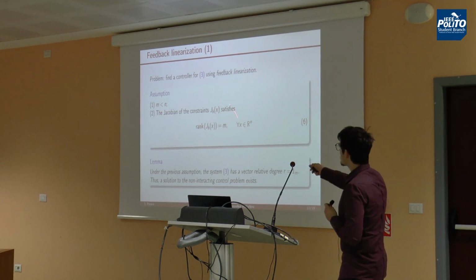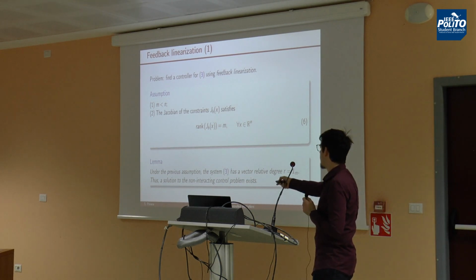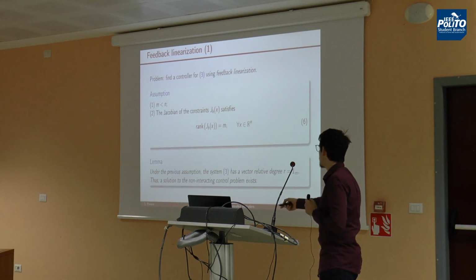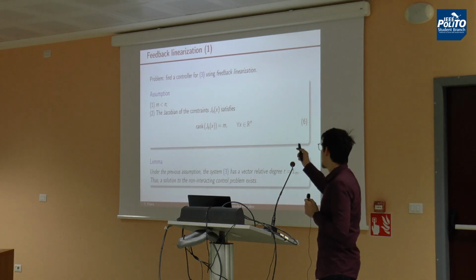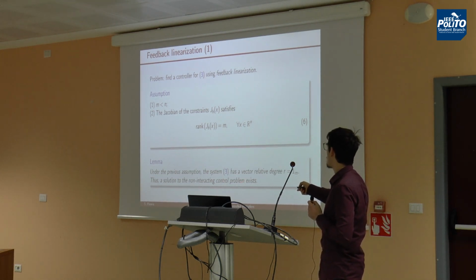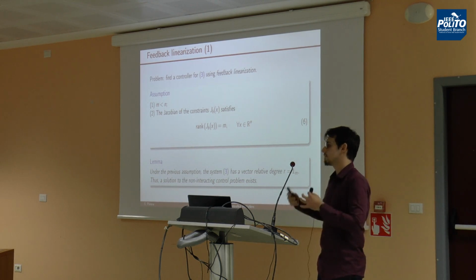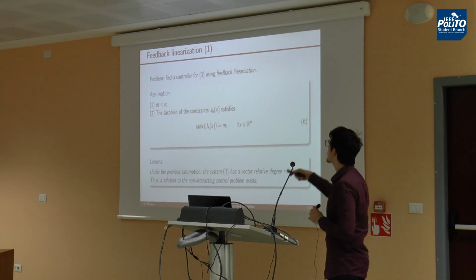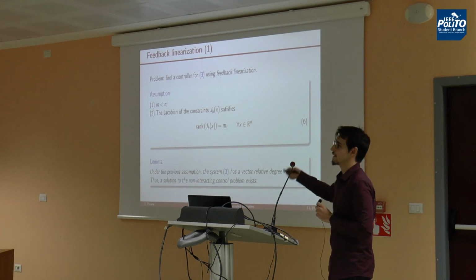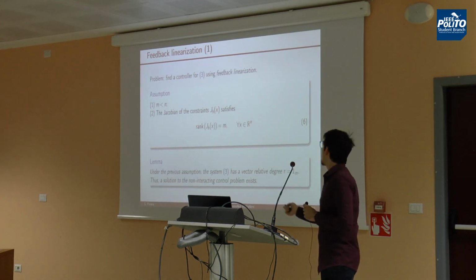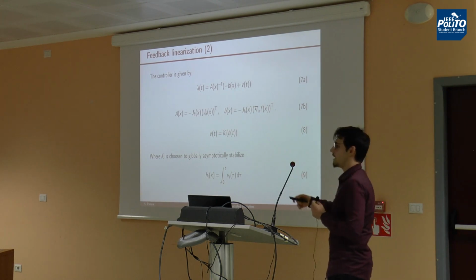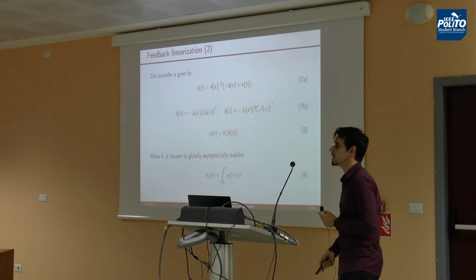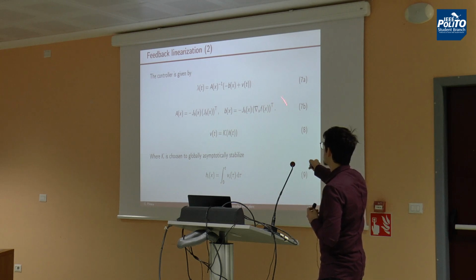And as a consequence of these two assumptions, we can prove this simple lemma, which says that, to tell it in few words, the non-interacting control problem admits a solution, and in turn, you can design a feedback linearization controller. So, we follow feedback linearization theory, which provides us with this controller.